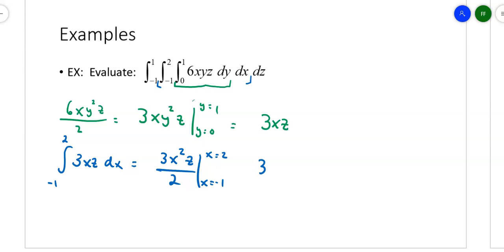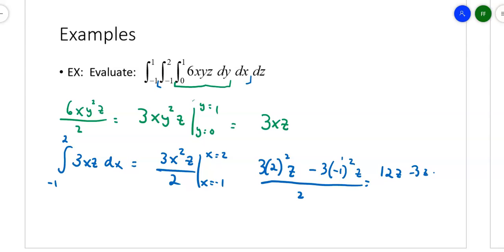So this will give me a 3 times 2 squared times z minus 3 times -1 squared times z all over 2. All right, so 4 times 3 is 12, so I get 12z. This will give me a positive 1, so minus 3z equals 9z over 2.